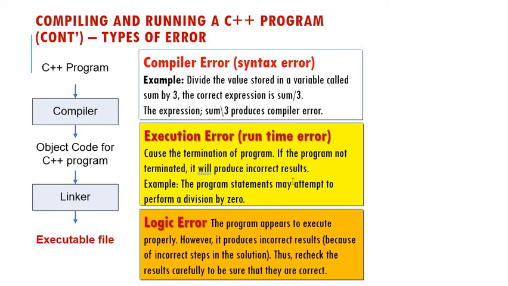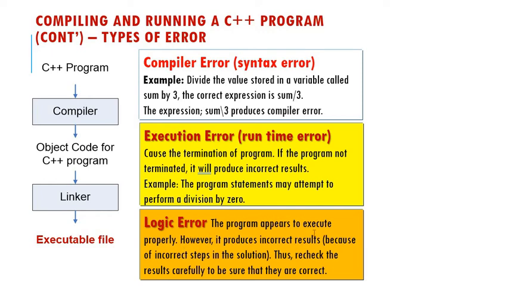All right, the third one is logic error. Actually, with a logic error, the program appears to execute properly. The program will produce output, but the output is incorrect. Later on I will show you an example.